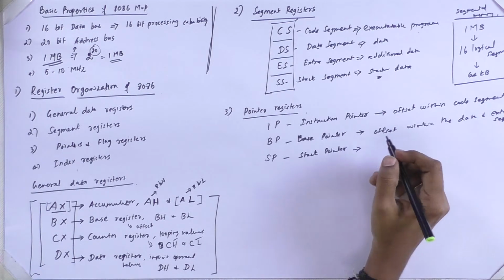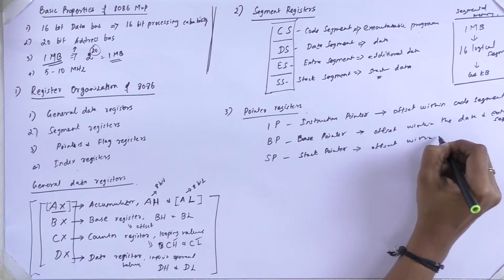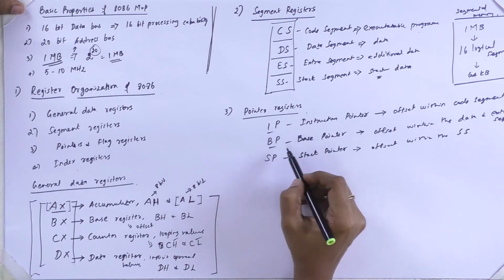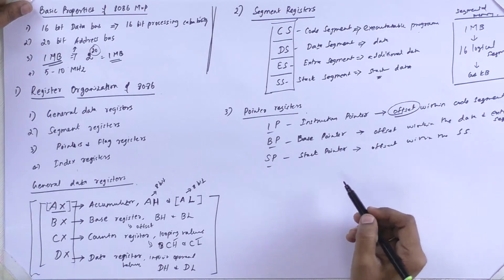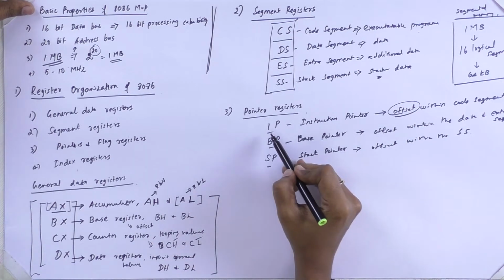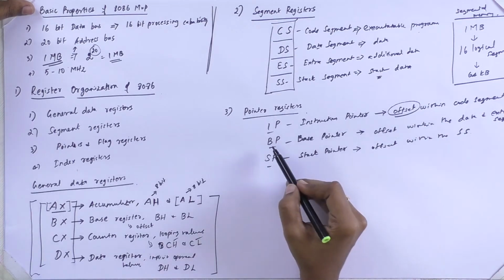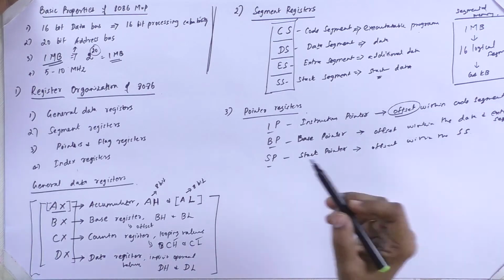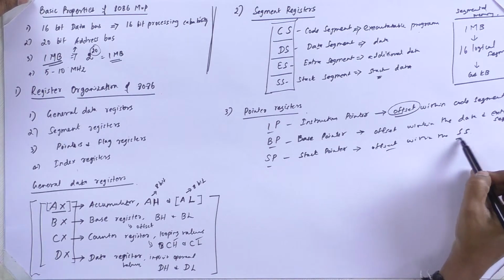And the stack pointer contains the offset address within the stack segment. So these pointers are always used to hold the offset value within the corresponding segment. So IP contains the offset within the code segment, BP contains the offset within the data and the extra segment, and SP, stack pointer, contains the offset within the stack segment.